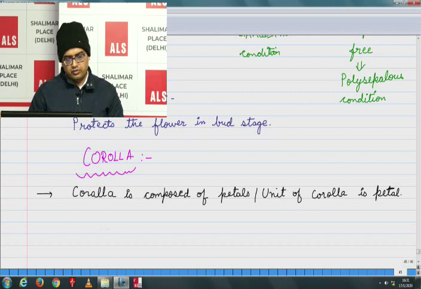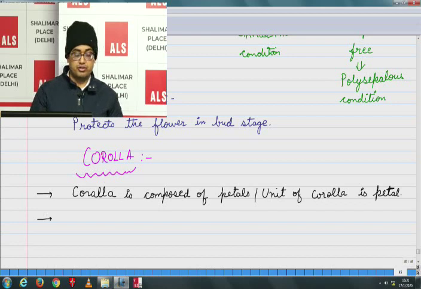Now it is the second whorl of the flower. Normally the main function of the corolla is protective function and decorative function. Corolla is the second whorl of the flower.